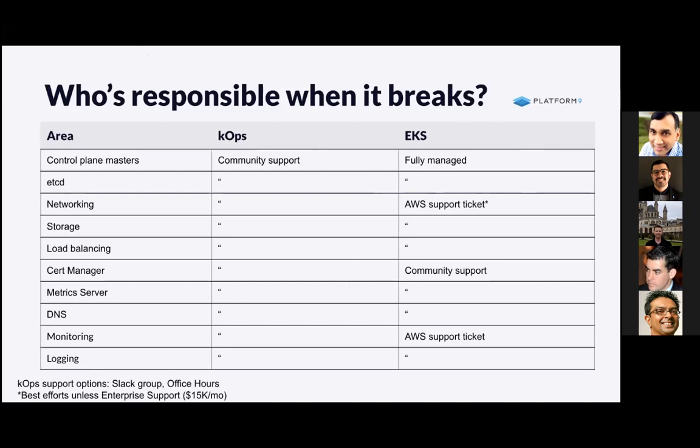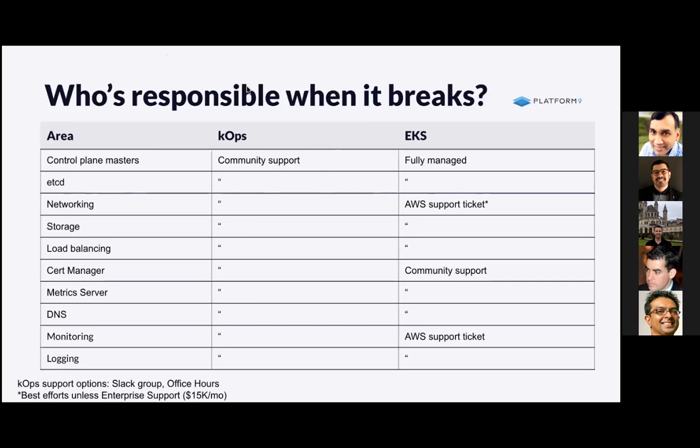EKS does bring in support. AWS does have different levels of support you can go and buy from them when you're using their products and services. If you do want a super hands-on technical account manager with solution architecture and defined people who you can reach out to and interact with, that level of support is there.